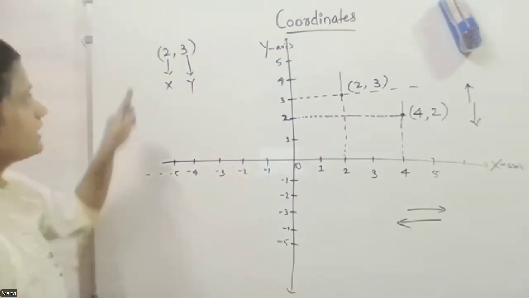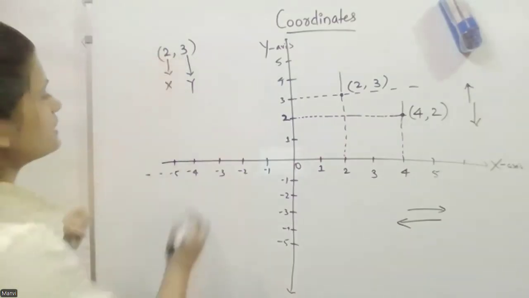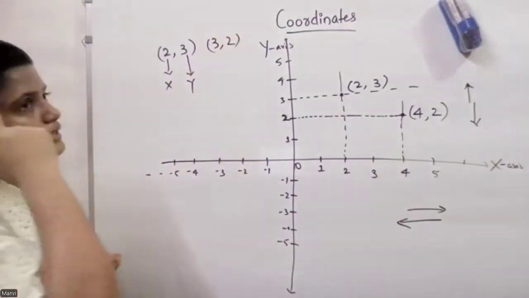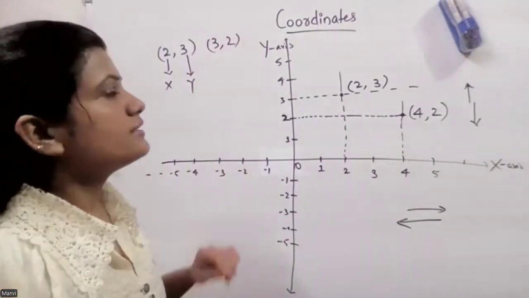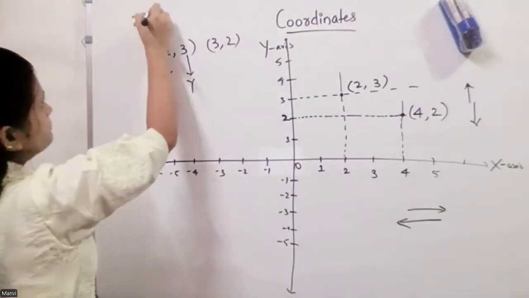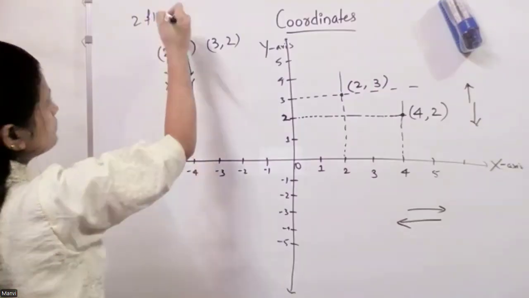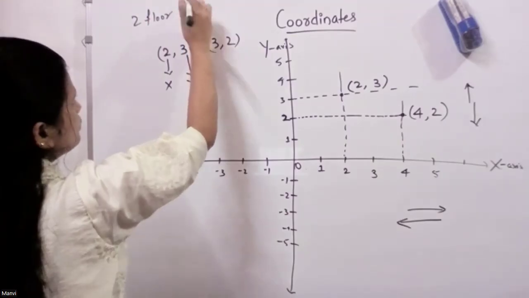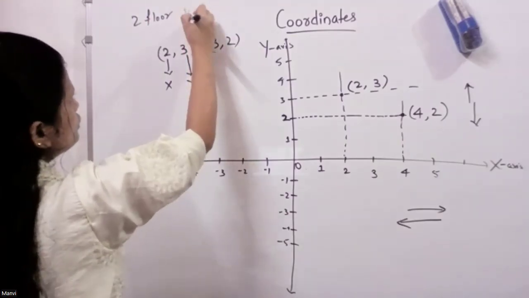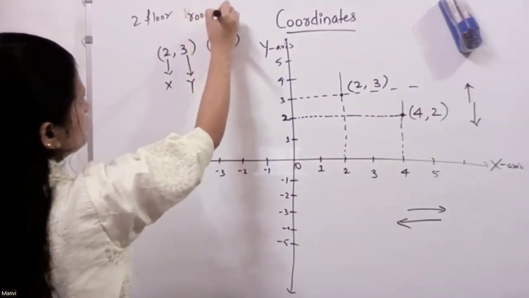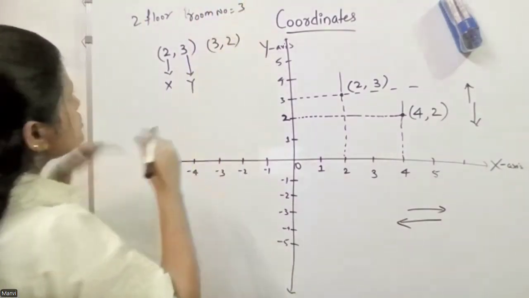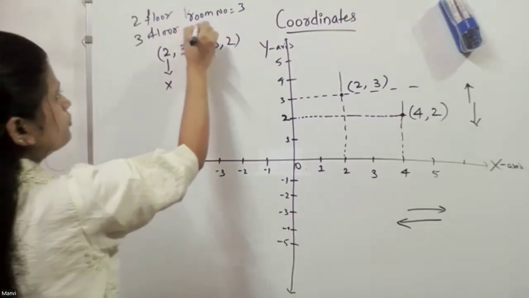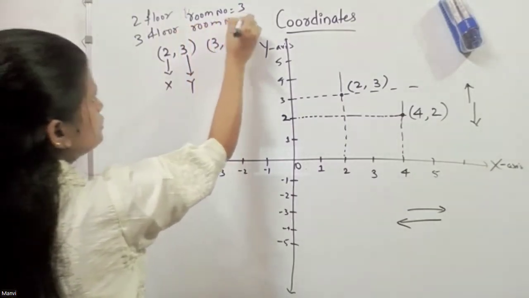You know Kavya, the mistake children make in locating a point is this: you have to understand that (2, 3) is not the same as (3, 2). If I say your class is on the second floor, room number 3, it's not the same as the third floor, room number 2.